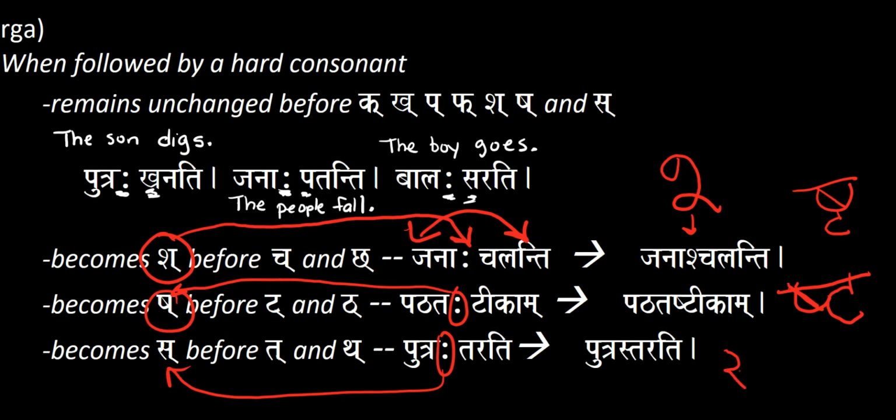Instead of writing out the whole sa with the halant, you could just write the sa without the stroke, and connect it to the next letter. In this case, it's a ta, and it becomes putrastaranti.